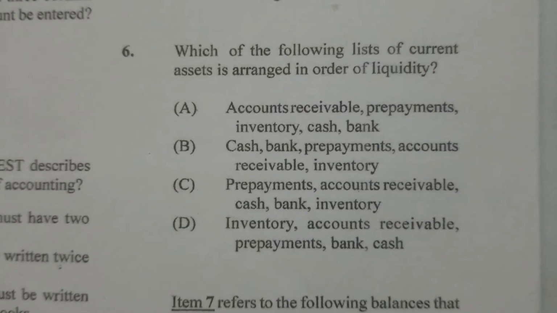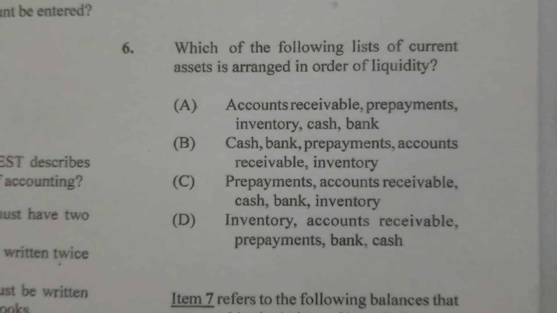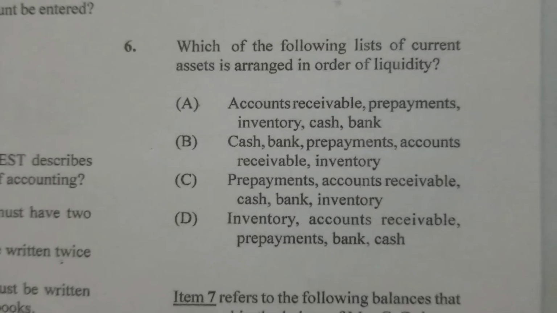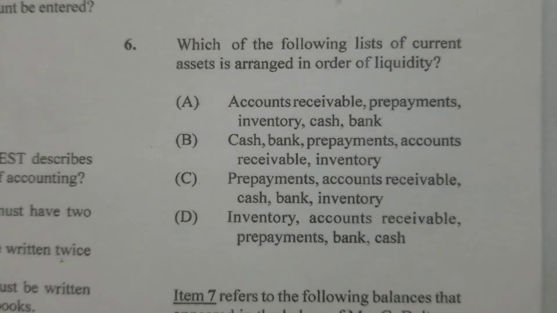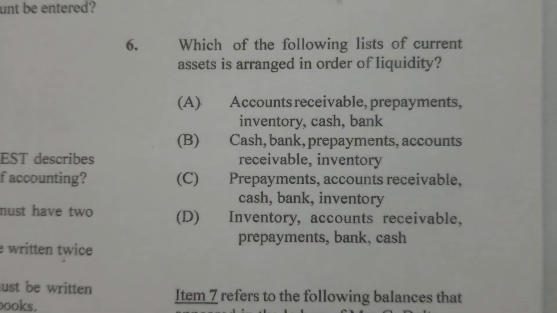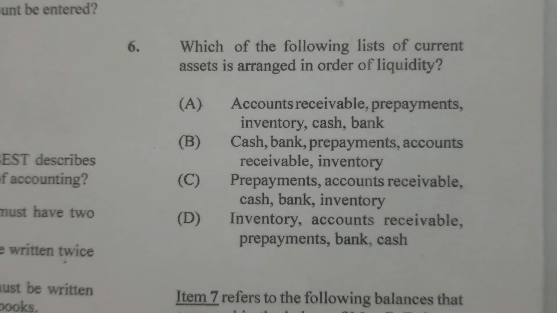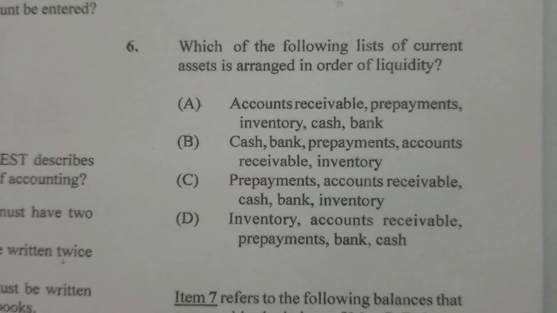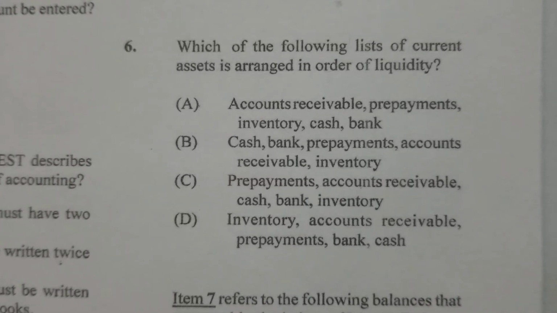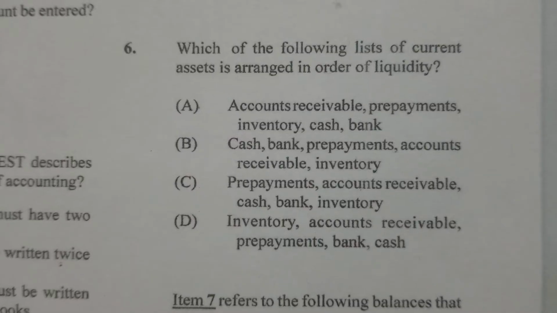Question 6. Which of the following list of current assets are arranged in the order of liquidity? All right, let us examine A, B, C, D. Well, B seems to be the most appropriate answer.